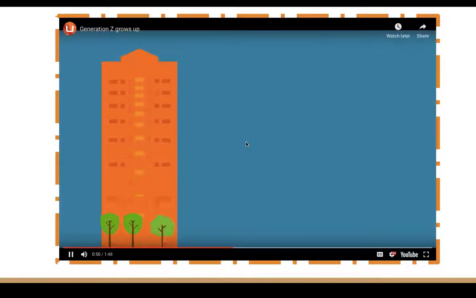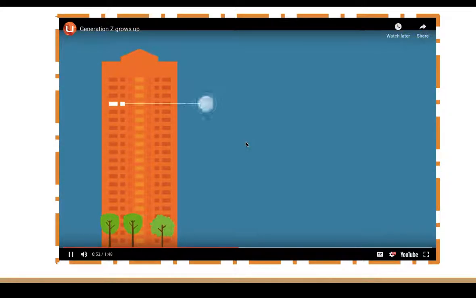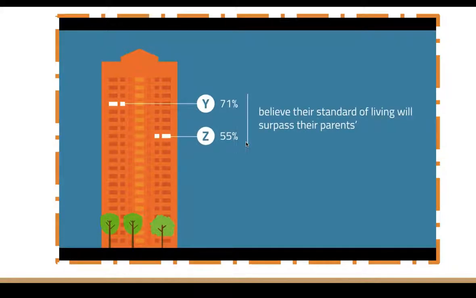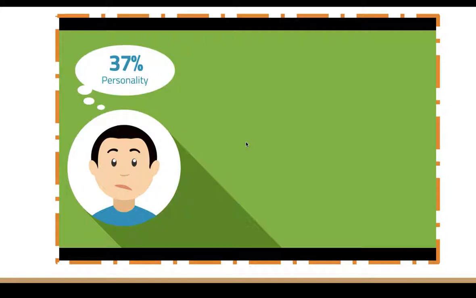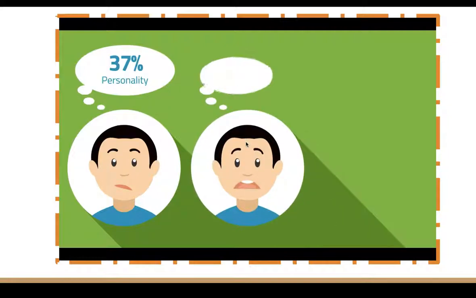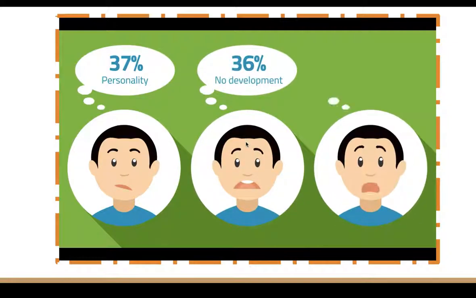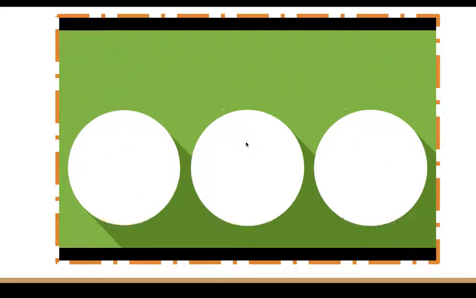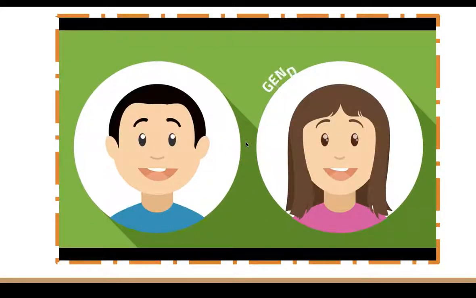While Generation Z is fairly optimistic about their future, they are less hopeful than millennials on surpassing their parents' standard of living. Similarly to millennials, Gen Z also fears having jobs that don't match their personality, having no development opportunities, and not realizing career goals. Surprisingly, Gen Z females worry about gender discrimination hindering their career advancement.